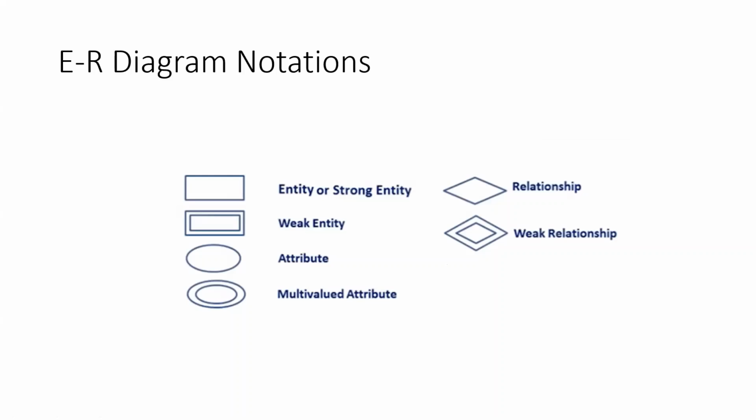Attributes of the entity are represented with an ellipse. Multi-valued attributes with double ellipse. The relationship between the entities is denoted with a rhombus and weak entity with double rhombus. So these are the various notations which are used to draw ER diagram.